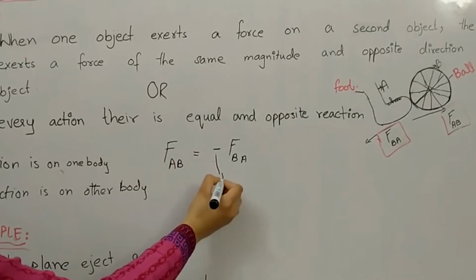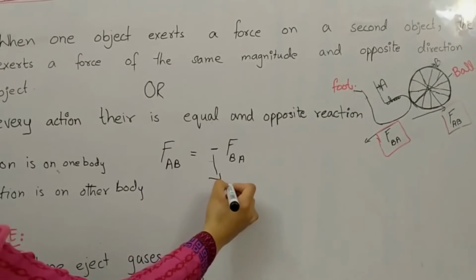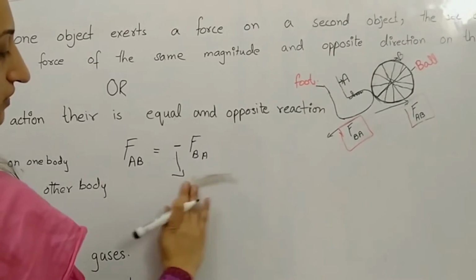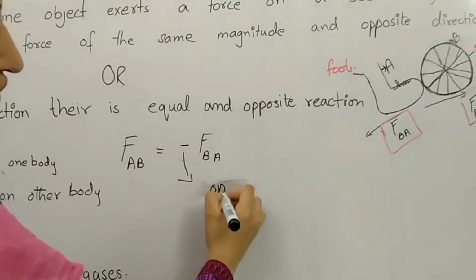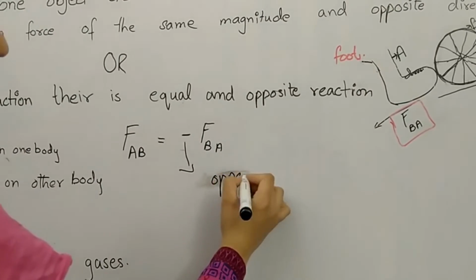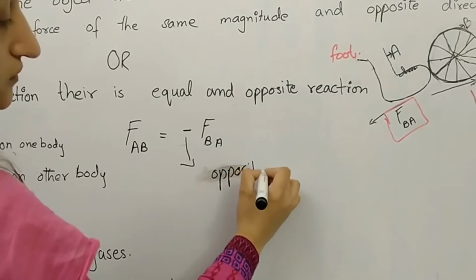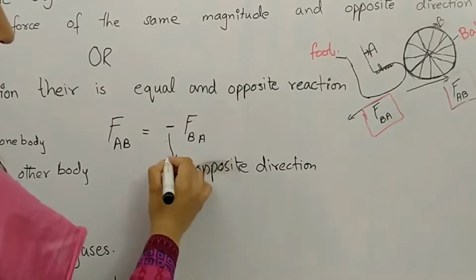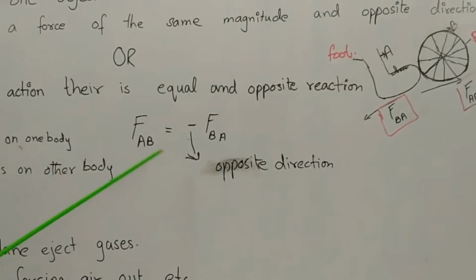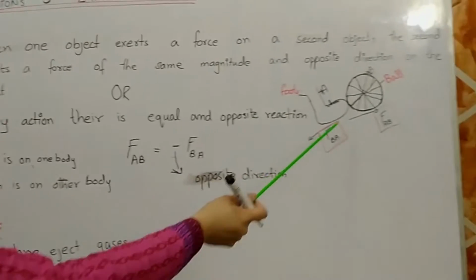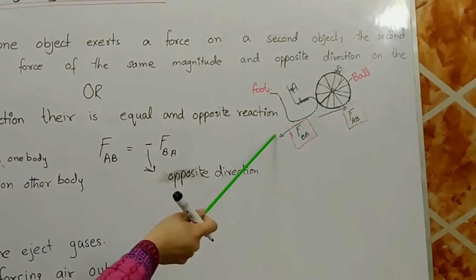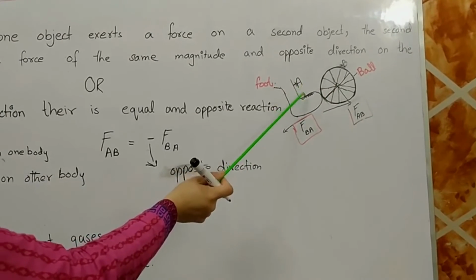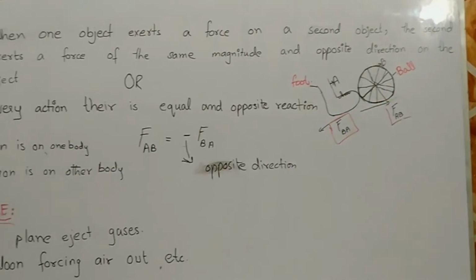This negative sign is for the opposite direction, to show the opposite direction of the force. Here you see the force of the foot is coming in this direction, and the force of the ball is going in this direction.